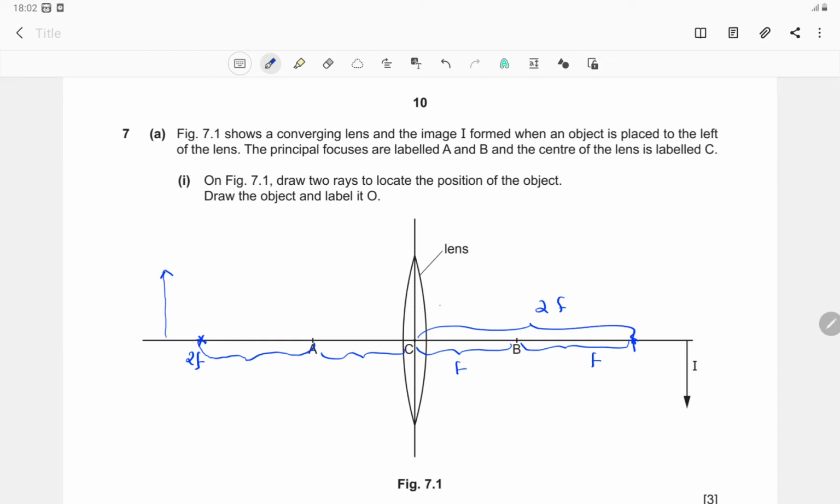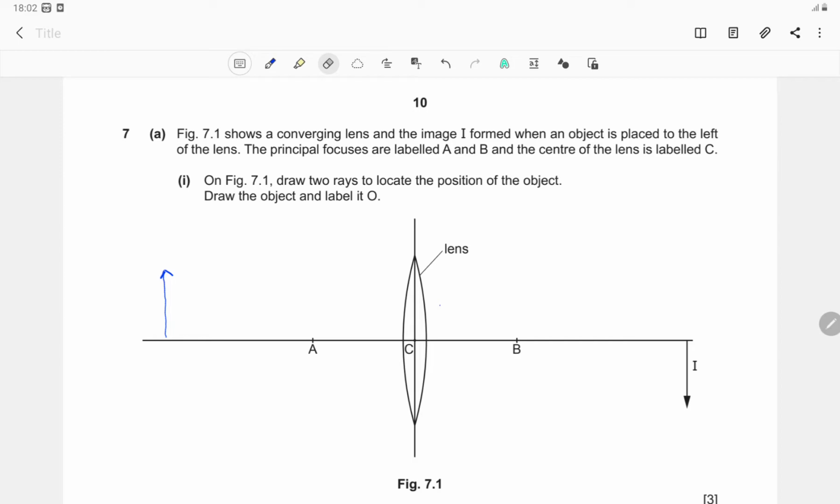So suppose this is the object. So I am removing unwanted drawings. This is just you need to know that the object must be somewhere behind 2F length, as the image has formed somewhere after 2F length.